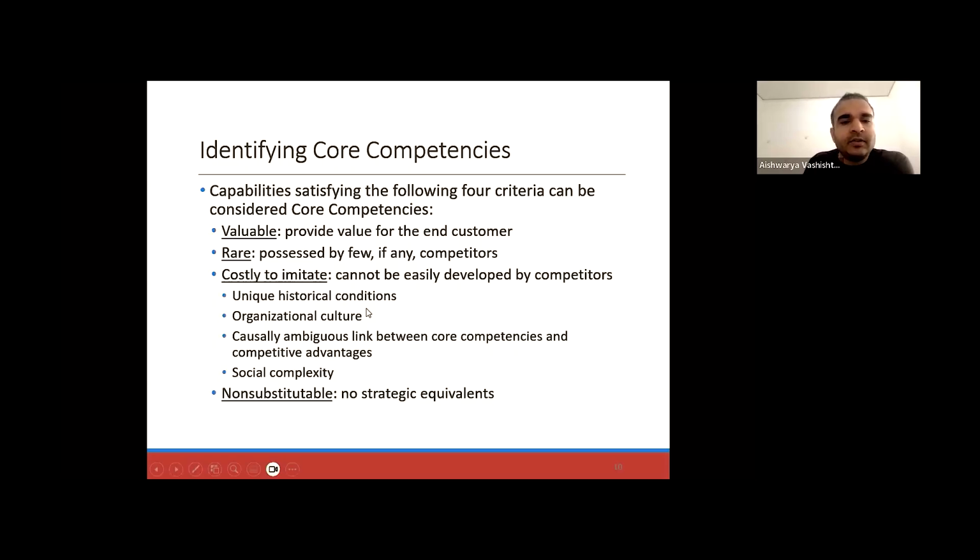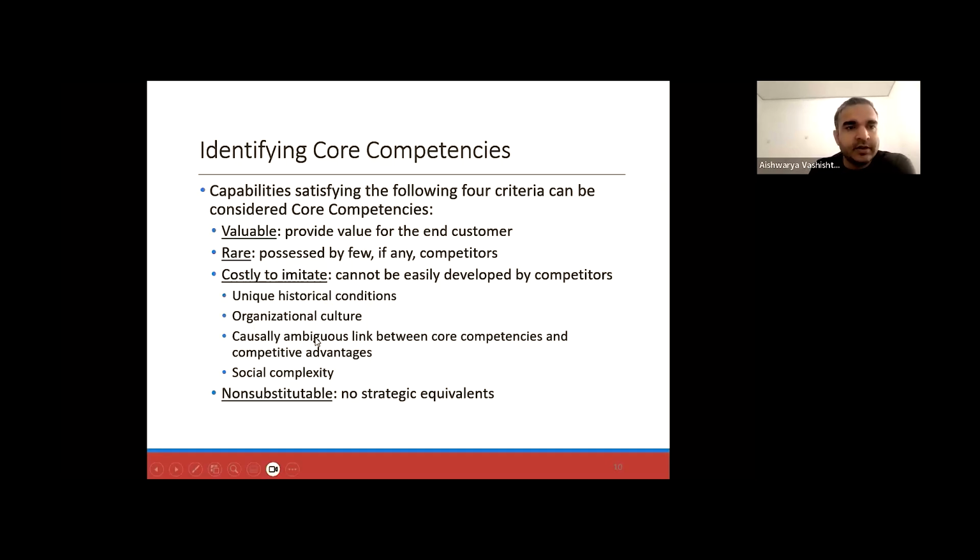And why could core competencies be costly to imitate? Because of unique historical conditions, like for example, good customer service in the case of a Japanese firm has a historical reason to it, that they have an obsession with perfection. Or organization culture in the case of Southwest or Trader Joe's. That also is the reason.